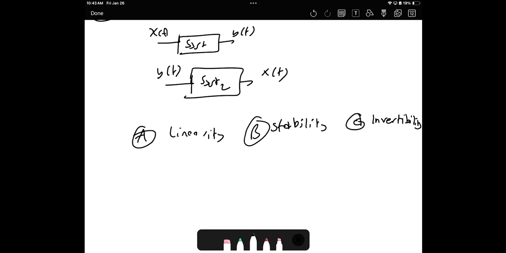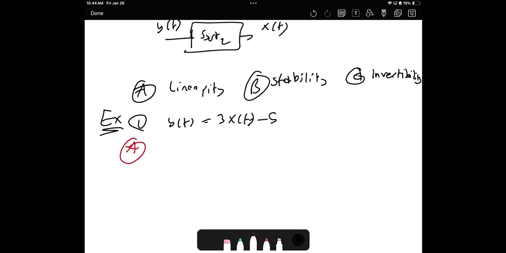Let's do this check for the following examples. Let's start with number 1. When I have y of t equals 3x of t minus 5. Let's check number A, is it linear or not linear?